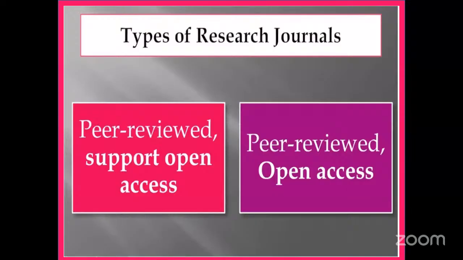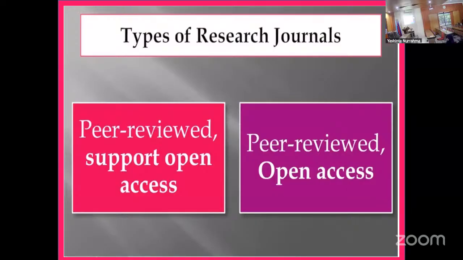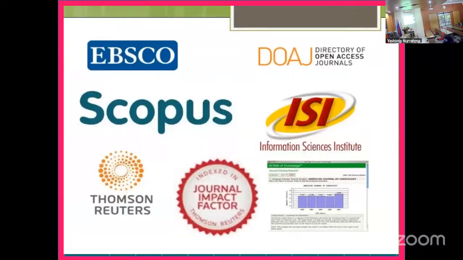But with some journals, readers cannot see your paper unless they pay money. That is subscription. Every institution has subscriptions to journals. If ITS has subscriptions to many publishers, you can easily view the journals. If you do not have a subscription, you cannot view the journal. That is very difficult.